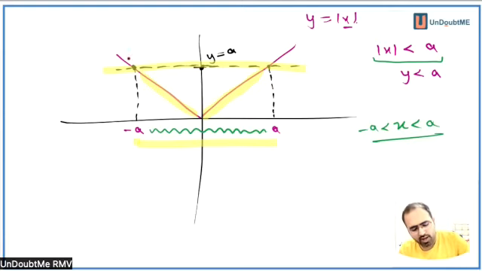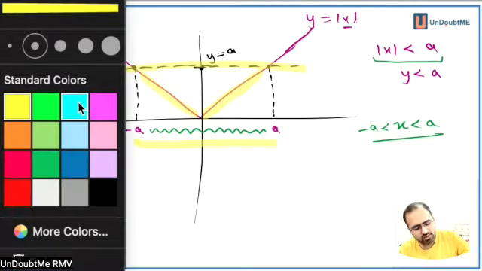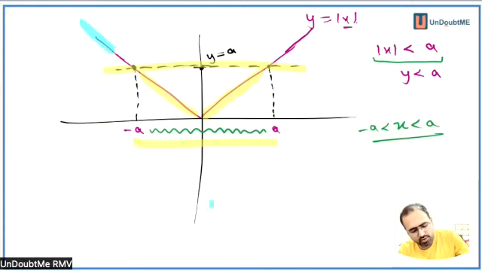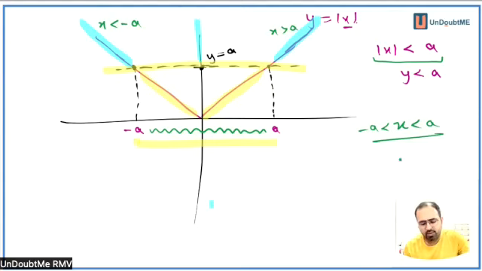Similarly, if I'm talking about y greater than a, then I'm talking about this region. Greater than a means the top one. So it is either x less than minus a or x greater than a. So that's why when mod x is greater than a, we write x is less than minus a or x is greater than a.